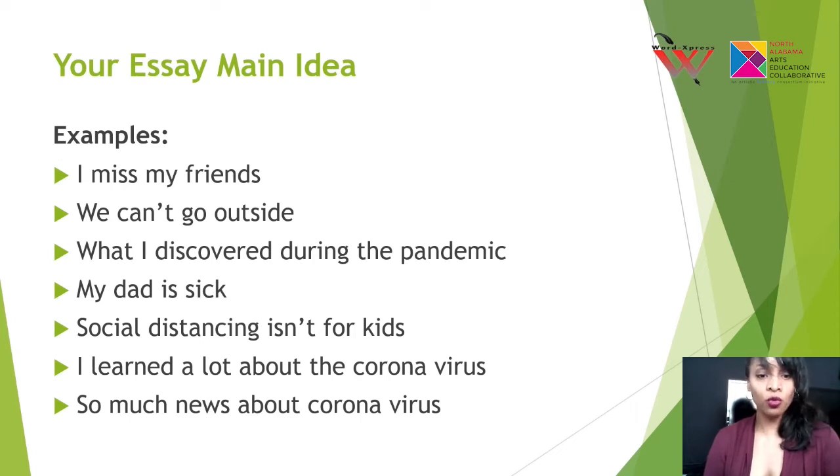If you've got a sick relative, it could be my dad is sick, or my mom is sick, or my grandma is sick, or whoever. Here's one that I thought was kind of fun. Social distancing is not for kids. Another one could be, I learned a lot about the coronavirus. And finally, so much news about coronavirus.